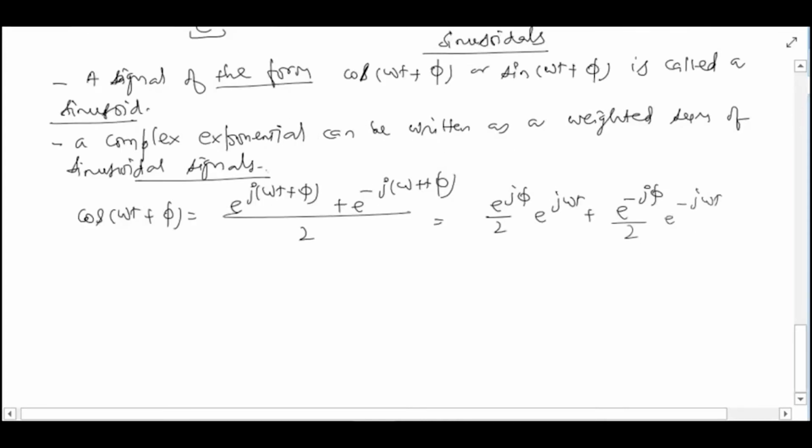Right, so now we see that we can write a sinusoidal as a weighted sum of complex exponentials. So interchangeably we can write complex exponentials as weighted sums of sinusoidals and vice versa.